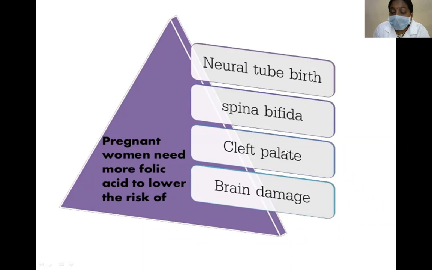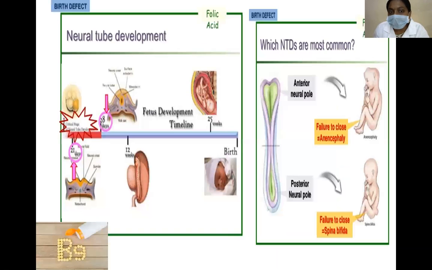These are mainly malformations due to the deficiency of folic acid. So administration of B9 or folic acid mainly prevents neural tube defects, spina bifida, cleft palate, and brain damage.